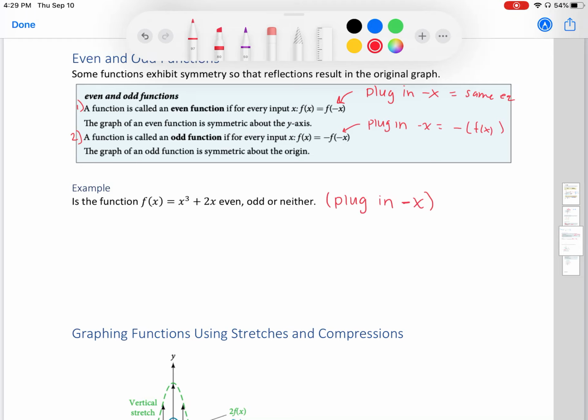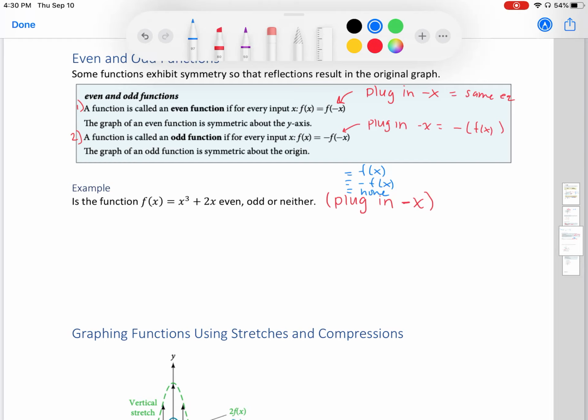Do we end up with the same exact equation, or the same exact equation with a negative factored in the beginning, or none? It could be neither as well.